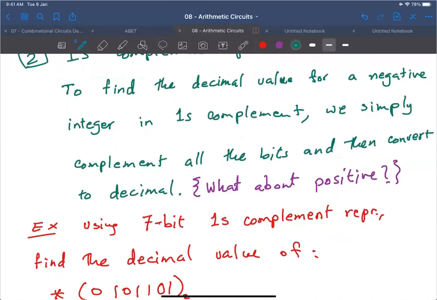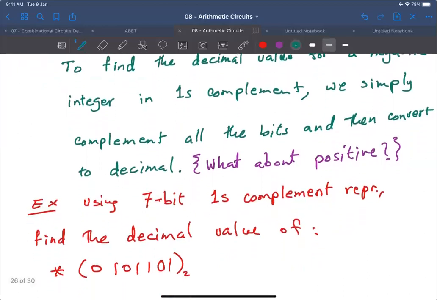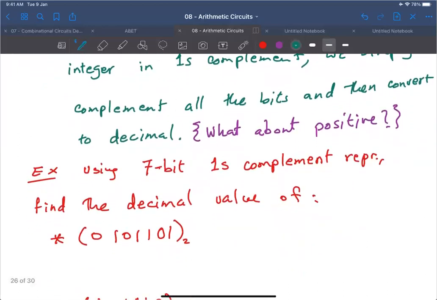So now using 7-bit ones complement representation, we would like to find the decimal value of this number here. Again, just to confirm your understanding, what is the value of this number? It's positive, so you just need to convert it to decimal. So this is going to be 13 plus 32.